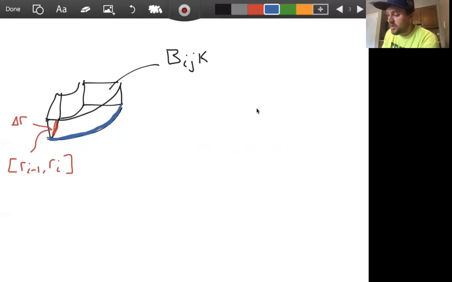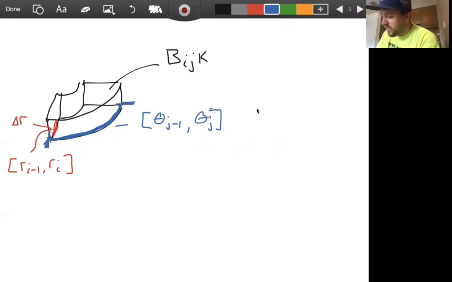So first off, this is the interval theta_{j-1} to theta_j, right? These are partitions of our angles.